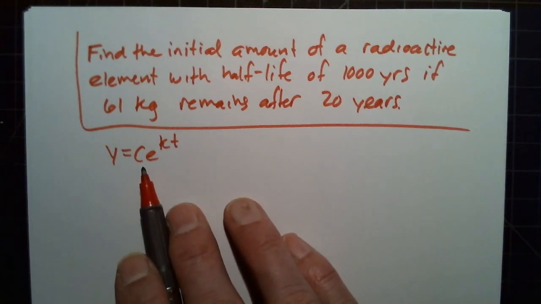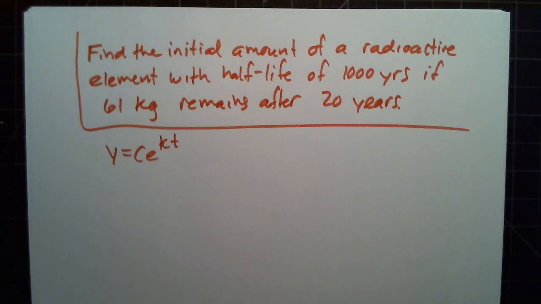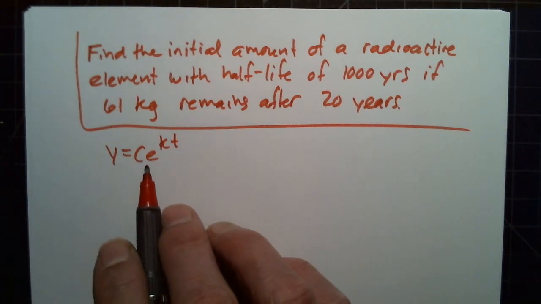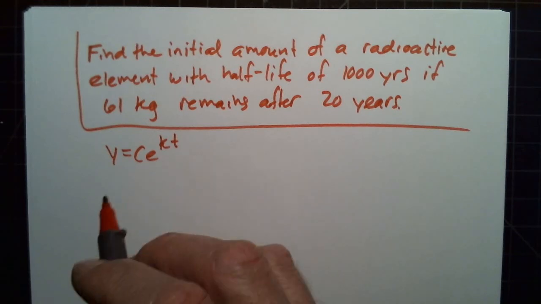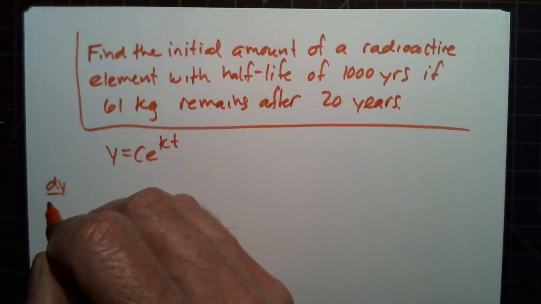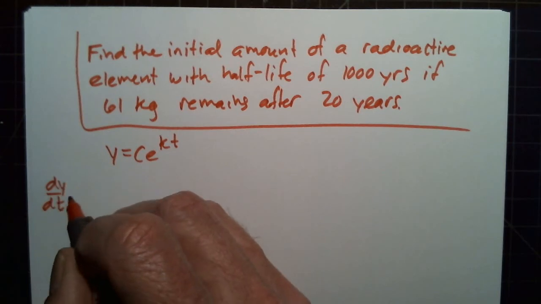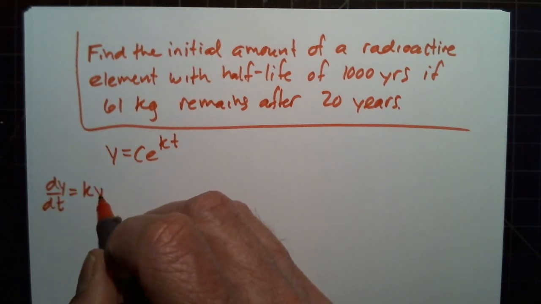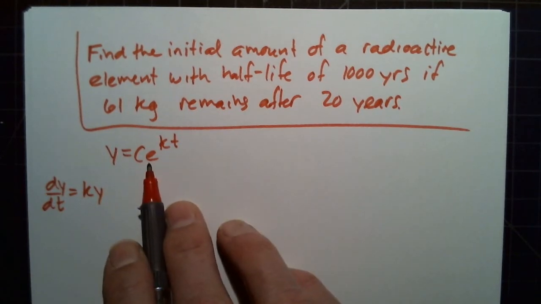But this comes from saying that the rate of change of y is proportional to y. And when we have the rate of change of y with respect to t proportional to y, this leads to that. And we saw that earlier.